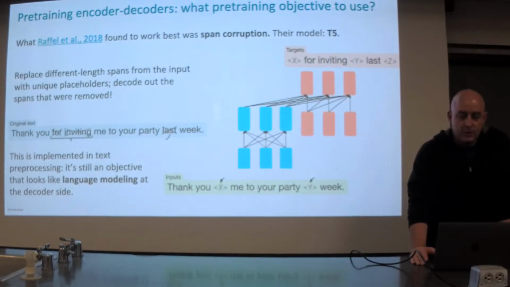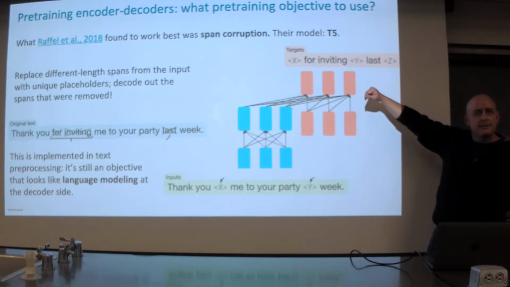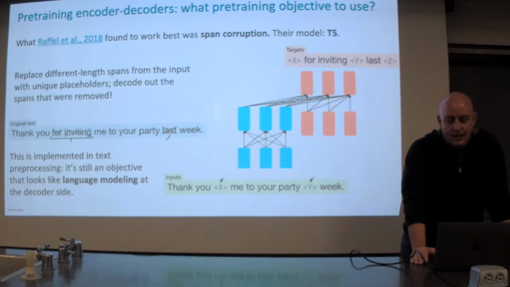These can be pre-trained as well. The famous example here is T5 from Google. This stands for text-to-text something transformer. I can't remember. A lot of T's, 5 T's.